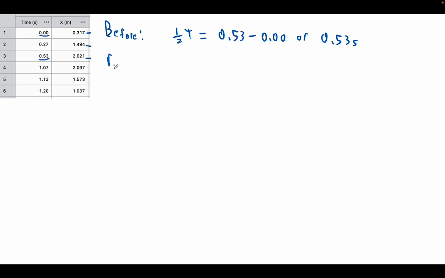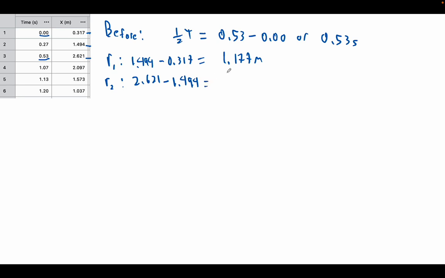So R1 before is going to be 1.494 minus 0.317. So 1.494 minus 0.317 is... okay, R2, these should be the same, by the way, is going to be 2.621 minus 1.494.